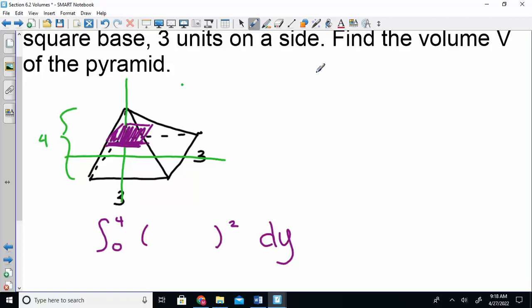So let's talk about one face of this pyramid. I took one of these triangles. I know the length of that is 3 and the height is 4. And my cross section comes in right here.